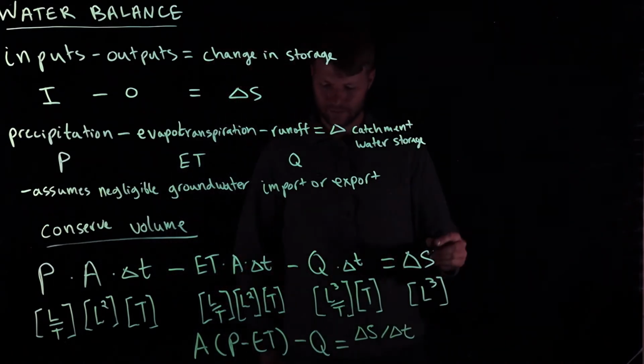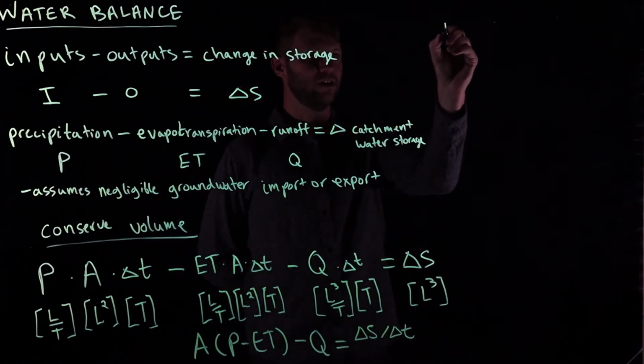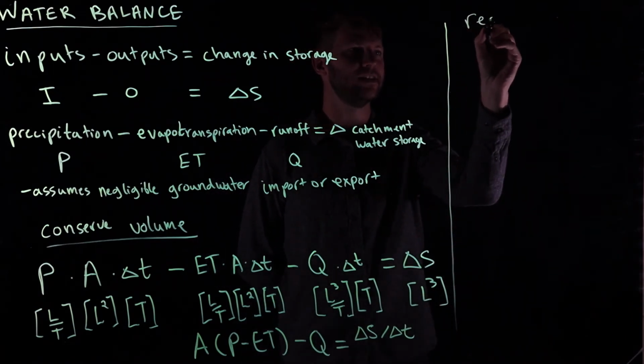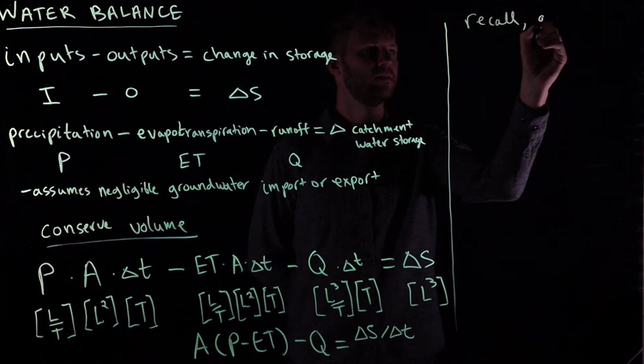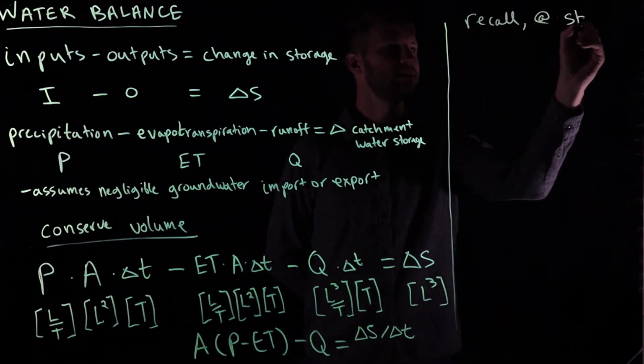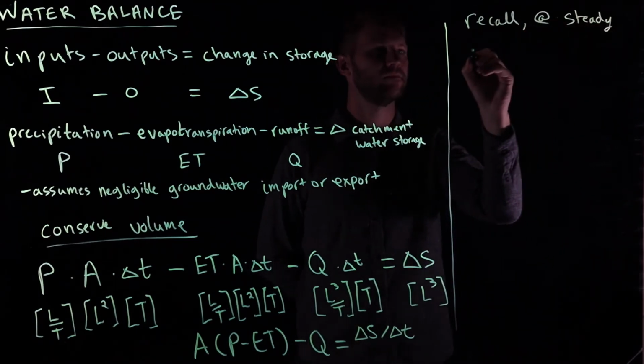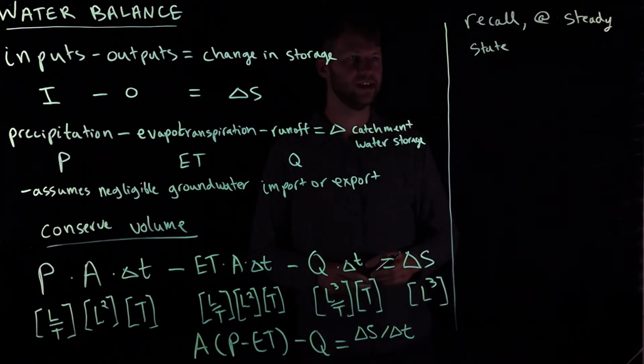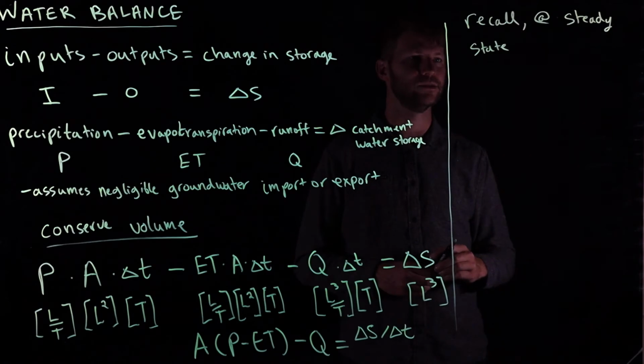Now, what I would like you to do is recall the definition of steady state. And at steady state, we know that the input rate into the catchment is equal to the output rate.